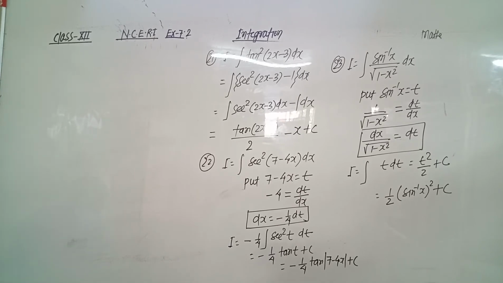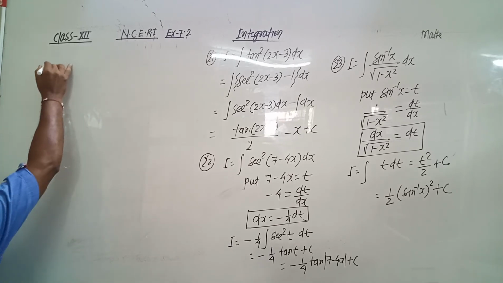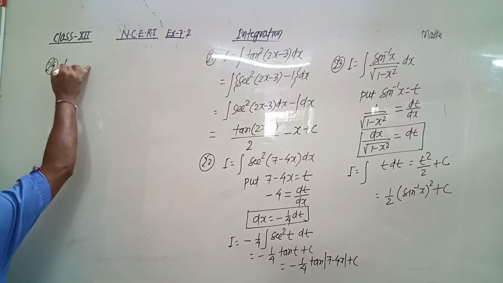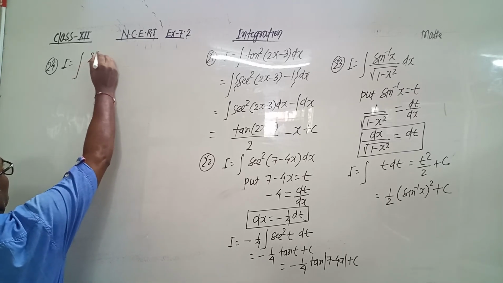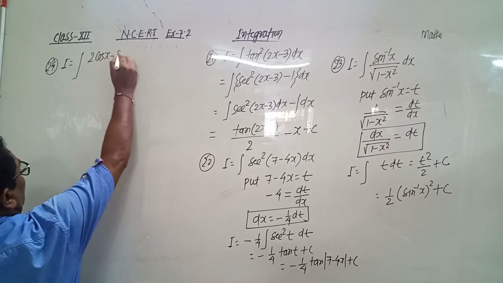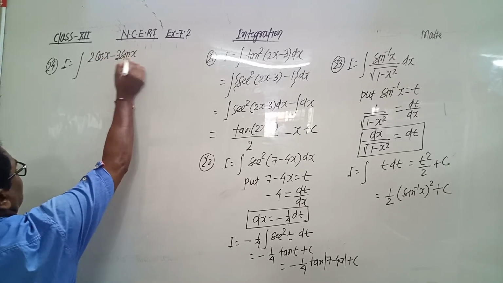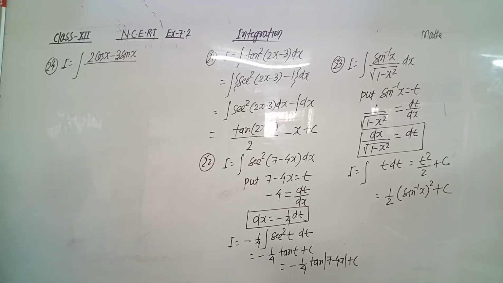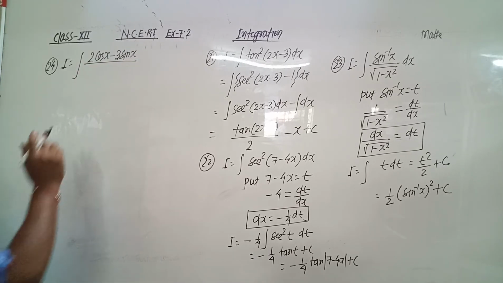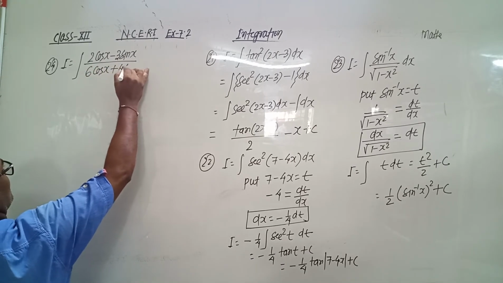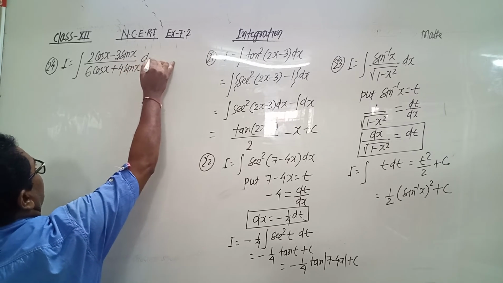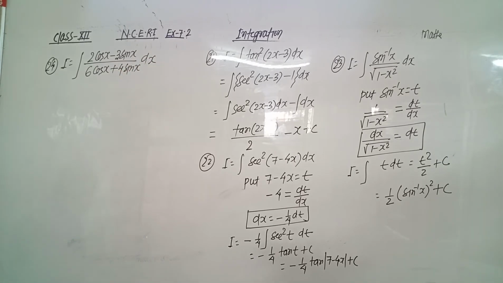Question number 24. Integration of 2 cos x minus 3 sin x upon 6 cos x plus 4 sin x dx.